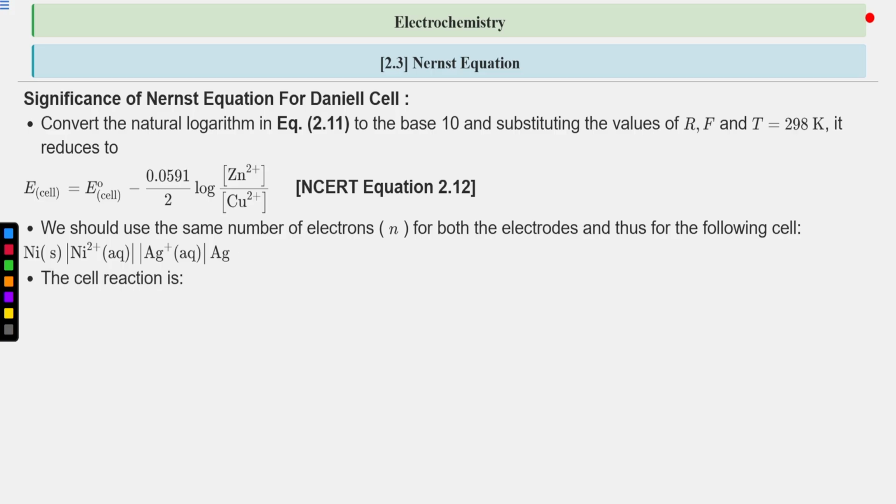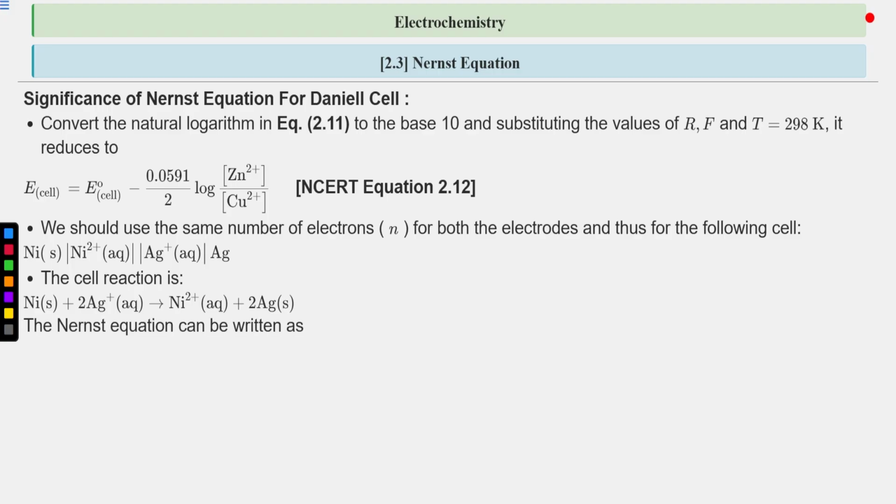Now if you want to write the cell reaction, it will be nickel plus 2 Ag plus giving us nickel 2 plus plus 2 silver in the solid form. Nickel is going from the neutral form to 2 plus, and silver is going from the positive form to the neutral form, right? So it is a redox cell reaction for this particular cell representation.